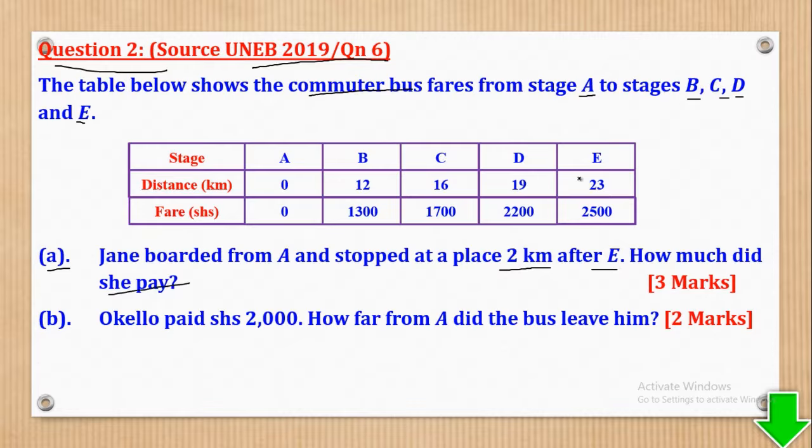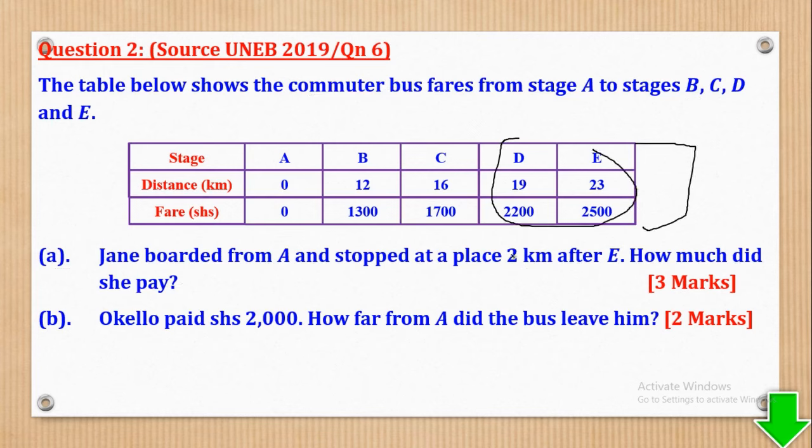So 2 kilometers after E means that it is outside this range. When it is outside, just know that it is now extrapolation. So you look for the two values which are closer to this value, and the values closer are these stages D and E. We are going to extract out these two values and add another column outside them, which corresponds to these 2 more kilometers.